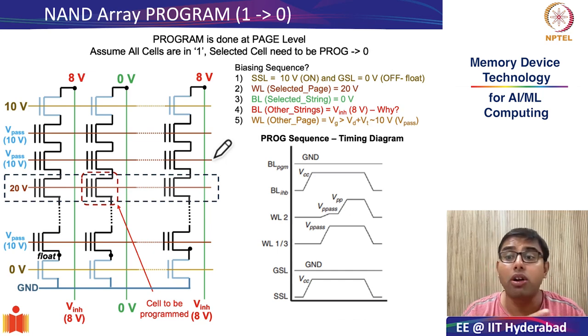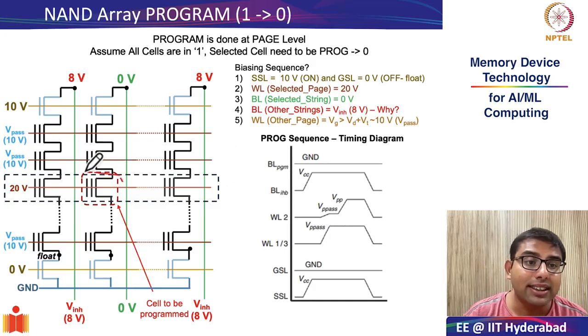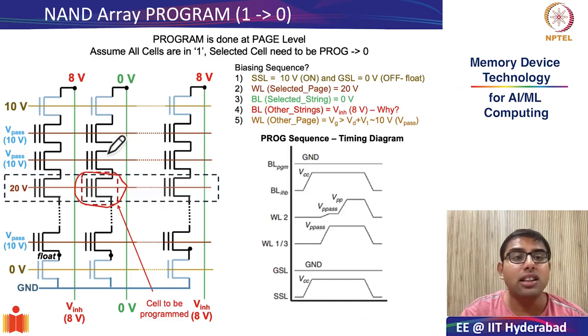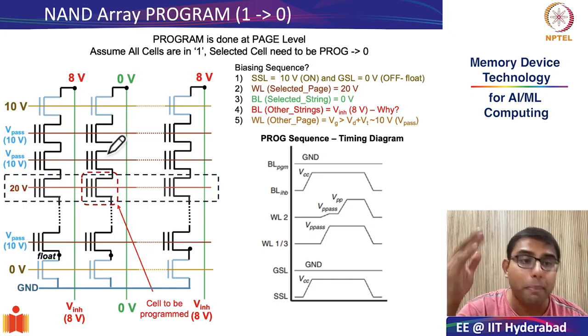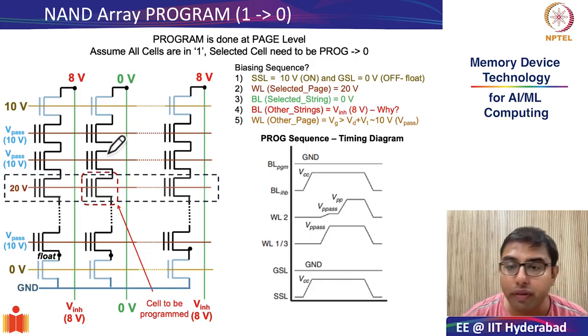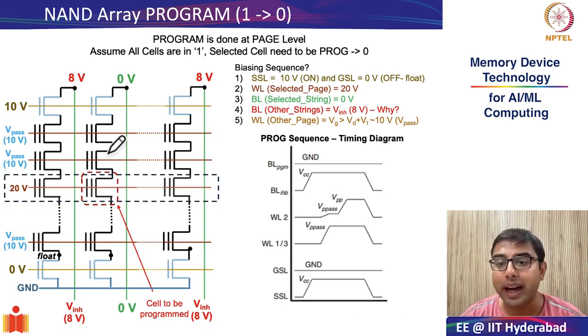It becomes very important to do very intelligent biasing. Why? Because the cell shares the word line and bit line with other cells in the page and in the string respectively. So you do not want unwanted program to happen in cells that are not of interest to you.